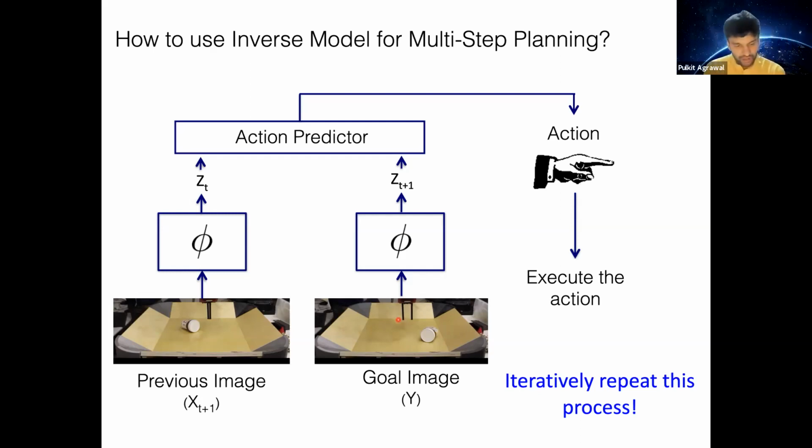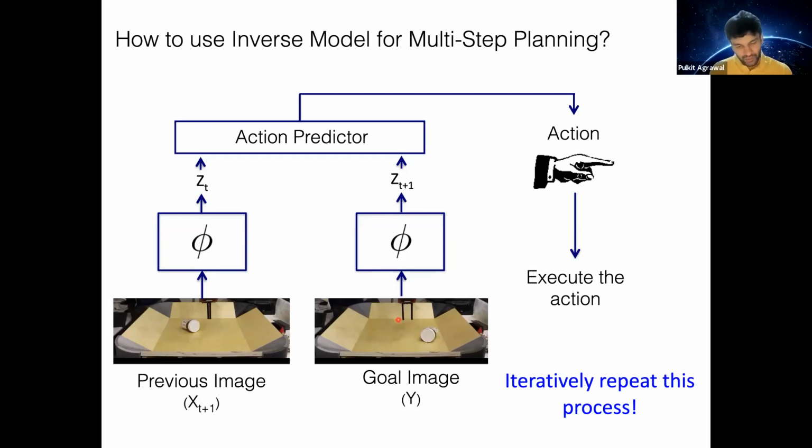This is similar to what we discussed with the forward model, where we're doing the cross entropy method. We would come up with a sequence of actions, evaluate if that sequence is going to be good or not, and then choose the action which we thought would get us closest to the goal state.